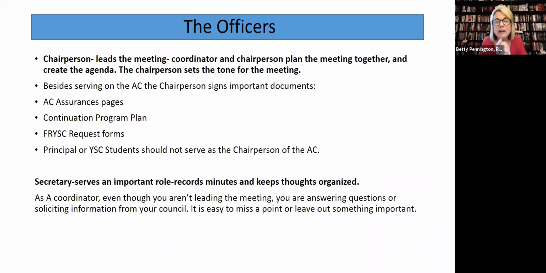Besides serving on the advisory council, the chairperson signs important documents. They sign the assurances pages, they sign off on the continuation program plan, and they sign off on your request forms. The principal or YSC students should not serve as chairpeople of your AC. That's something to remember as well.